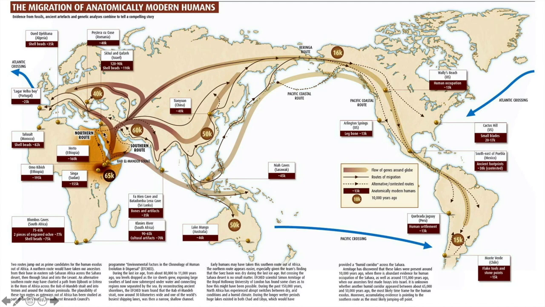Then we have the Sinai Peninsula, and then the Indian continent, and the Beringia. We have a route to Beringia, right here, and then to America, to the southern tip of South America. To Australia too, to the Philippines, and then to Europe, and then to different parts of Russia, Moscow.